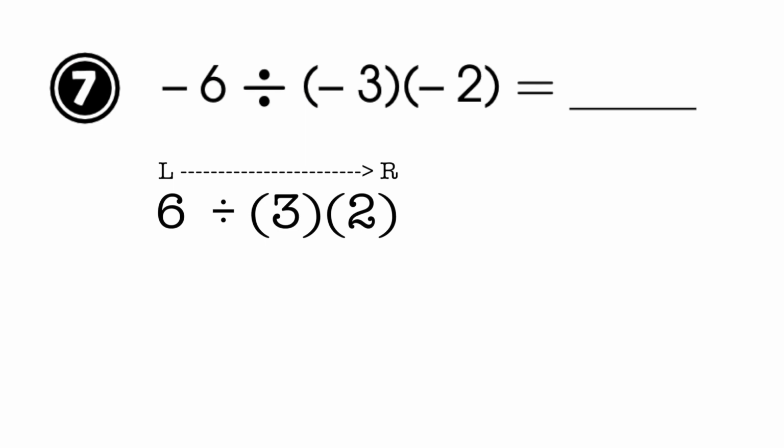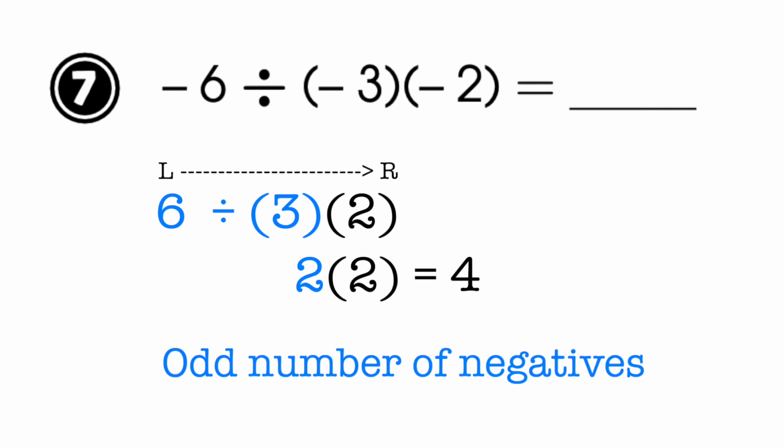So first, we're going to do 6 divided by 3 to give us 2, and then we have 2 multiplied by 2, which gives us 4. So now if we look back at our original expression, we have 3 negatives, and 3 is an odd number. So since we have an odd number of negatives, that means that our solution is going to be -4.